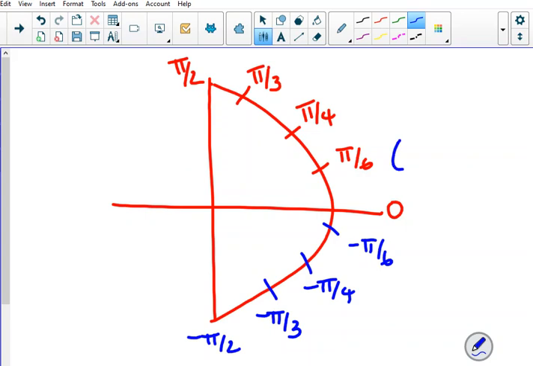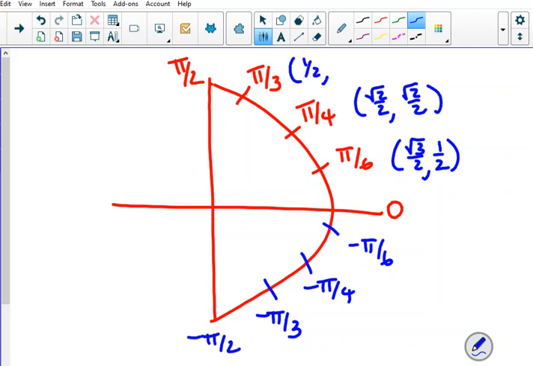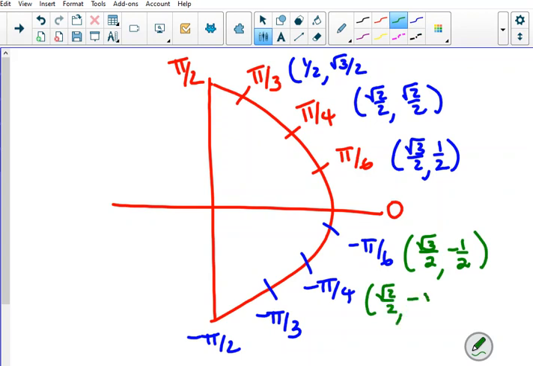Knowing our ordered pairs for my angle families is what's going to help me identify and solve these inverse sine and cosine problems.